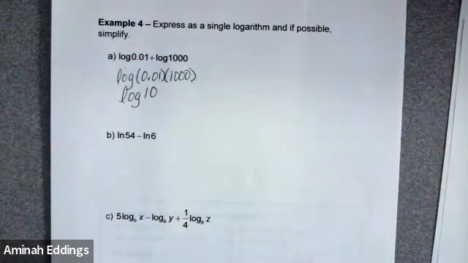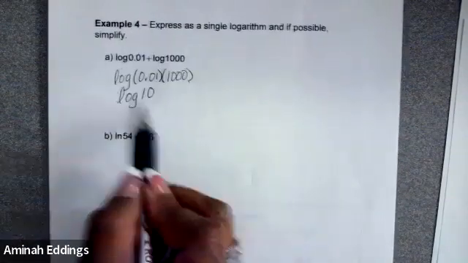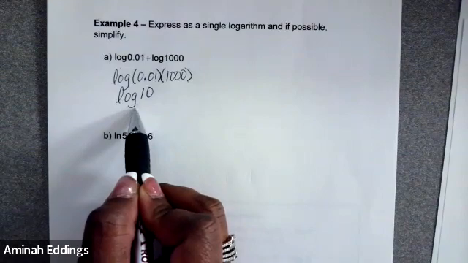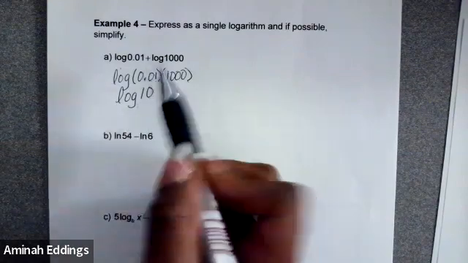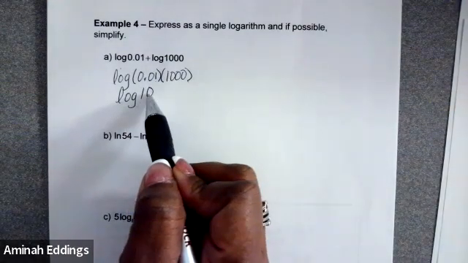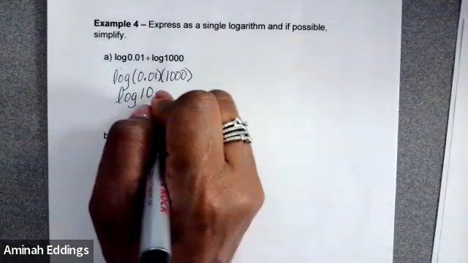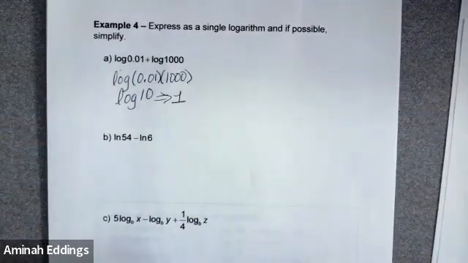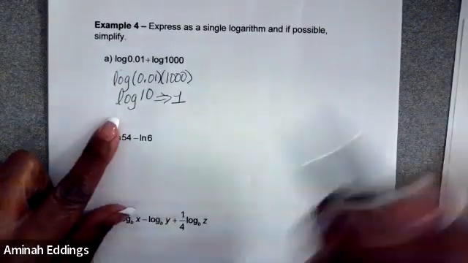And then we can take it even a step further. What's my base that's understood to be with this log? 10. And so remember the property that says when we have the base and the expression the same, we get 1. So the whole answer is just one.